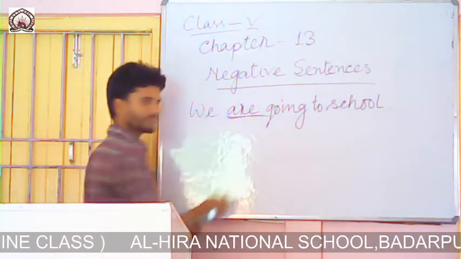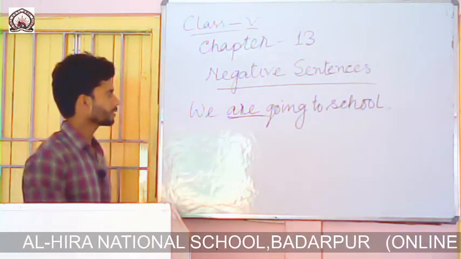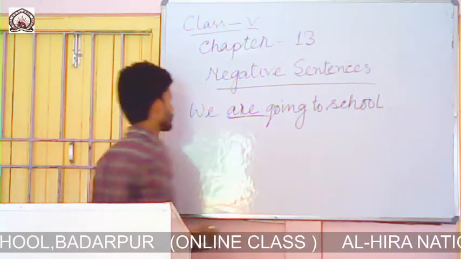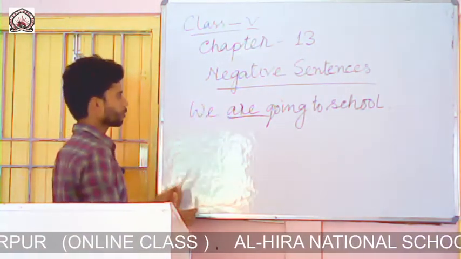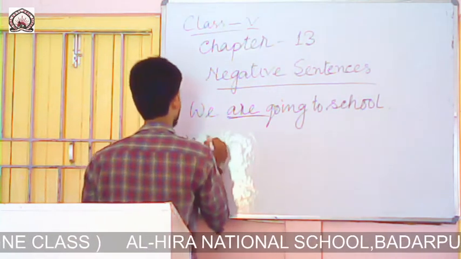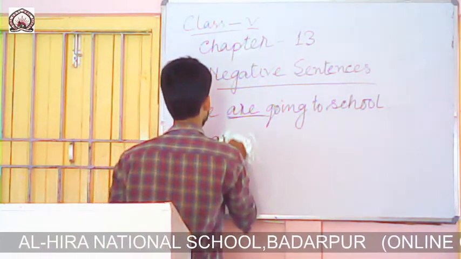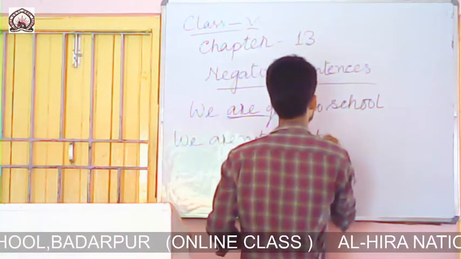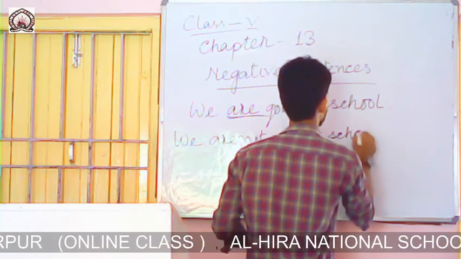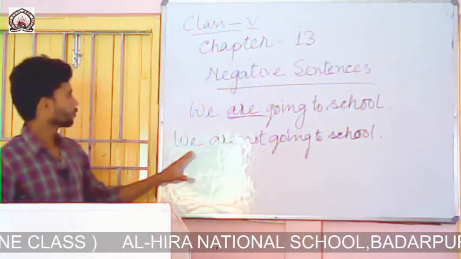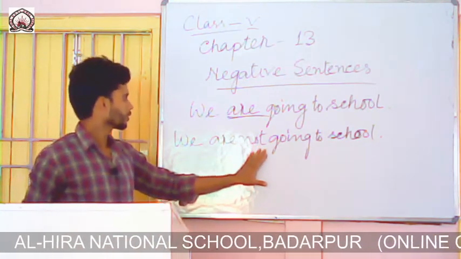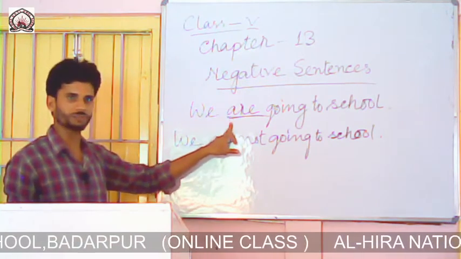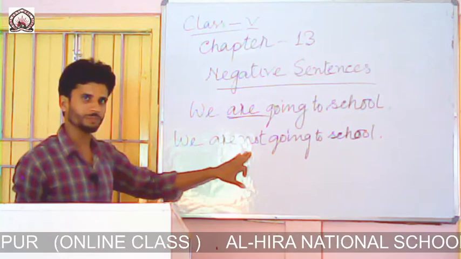So this sentence, we are going to school, the negative form of this sentence will be we are not going to school. Now this is the negative form of this sentence. This is positive or affirmative, and this has become a negative sentence.